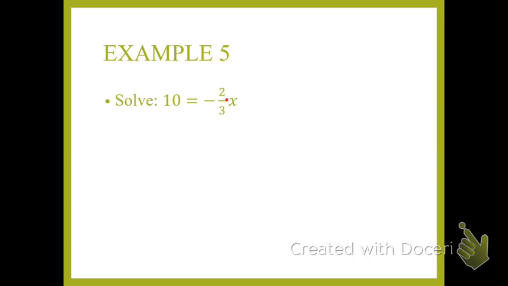However, we usually don't divide by fractions. We multiply by the reciprocal. So the inverse of multiplying by negative 2/3 would be multiplying by the reciprocal, which would be negative 3/2. So we're going to multiply both sides of the equation by negative 3/2.